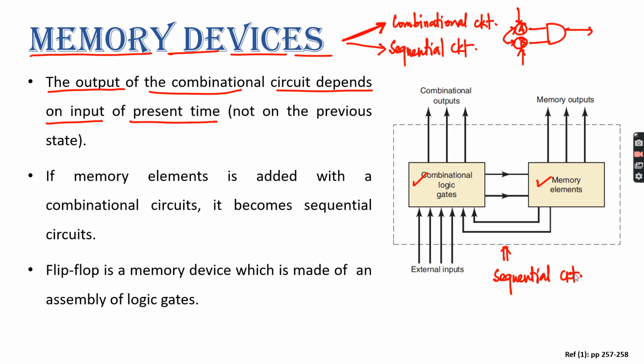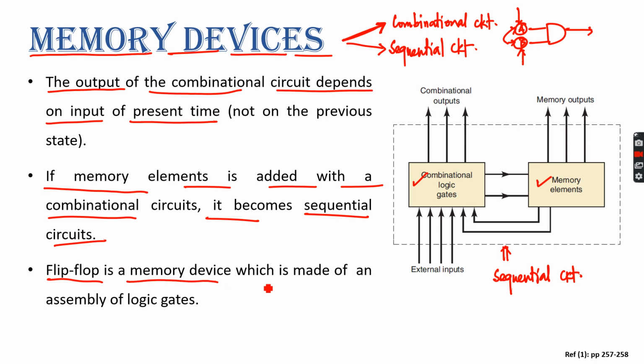If the memory element is added with a combinational circuit, it becomes a sequential circuit. And the basic element of a sequential circuit is the flip-flop, which is a memory device that can store at least one bit of data.